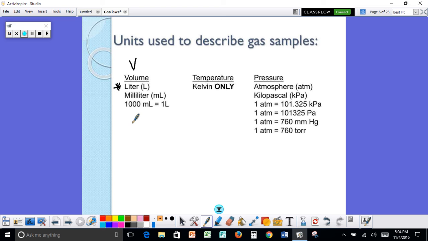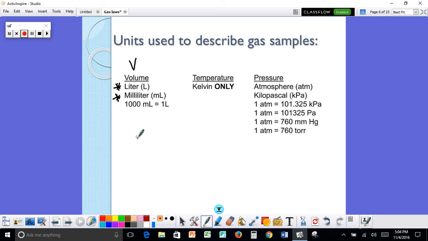However, sometimes it will be in milliliters in our problems and such. The only thing we need to remember for Charles's law, Boyle's law, and Lussac, it's okay to use either milliliters or liters.